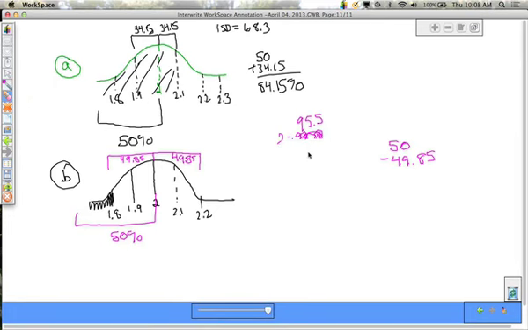Let's see, 95.5 divided by 2, 47.75. Because 2 standard deviations is that. So that changes these numbers here.